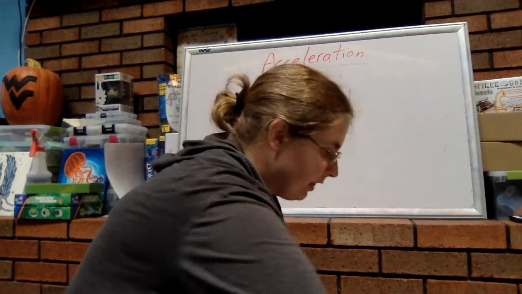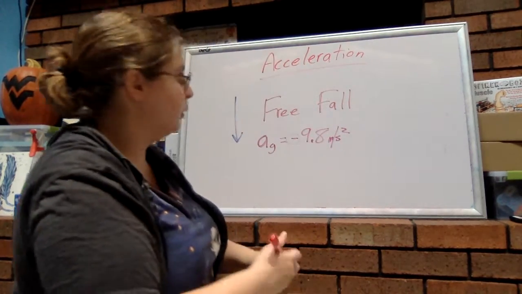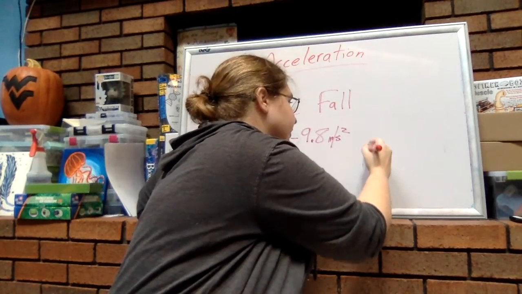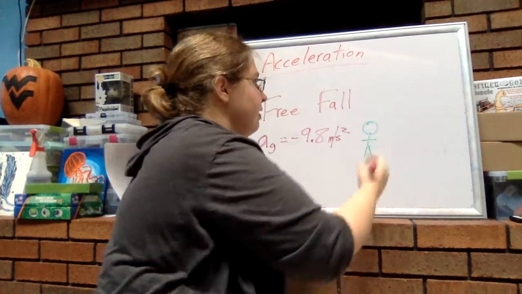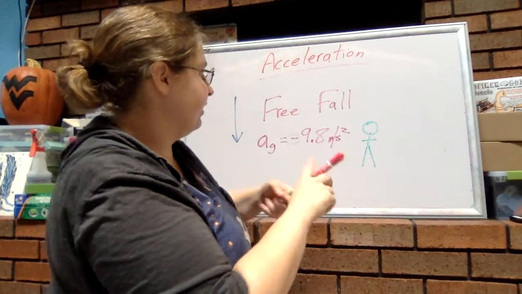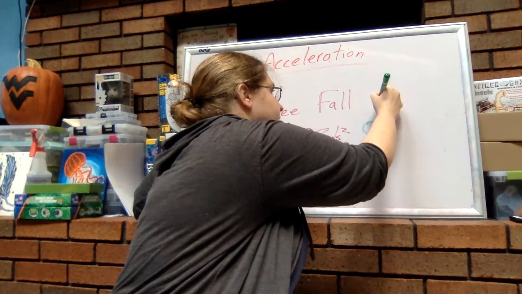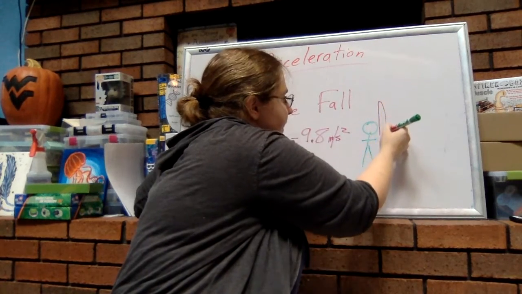So you can look at this in terms of, like we said, if I threw a ball up in the air. So here's me. Aren't I so cute? If I throw a ball up in the air, it's going to go up. It'll hit the peak, and then it'll come back down.